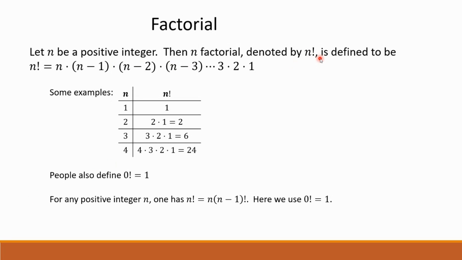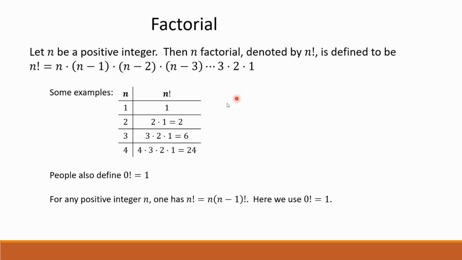This is, by definition, this big product. Essentially, you start at n, you subtract 1 consecutively until you get down to 1, and then you multiply. And that's really all it is.